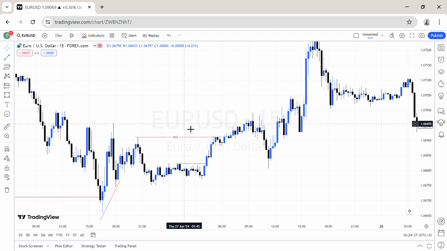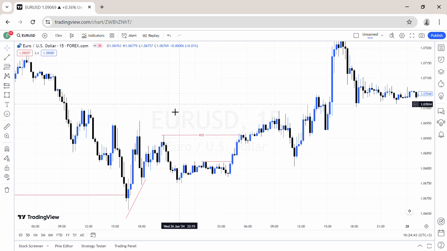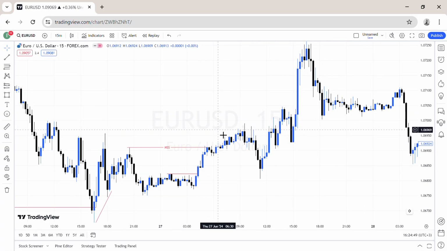Now, what else do I want to see? The wave or the leg that traded above this high causing the market structure shift should have a fair value gap, an inefficiency or an imbalance. All right, all those things.